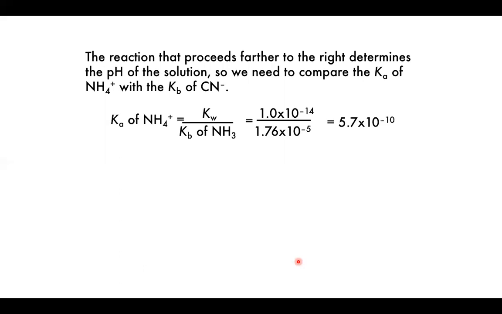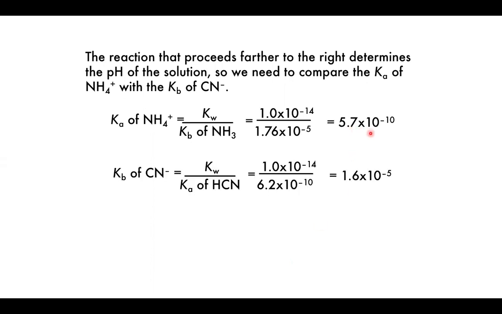Ka of ammonium is equal to Kw over Kb of NH3, which is 1.0 times 10 to the minus 14 over 1.76 times 10 to the minus 5, which is equal to 5.7 times 10 to the minus 10. Kb of cyanide is equal to Kw over Ka of hydrogen cyanide, which is equal to 1.6 times 10 to the minus 5. Remember, these are our relationships, where Kw is equal to Ka times Kb.